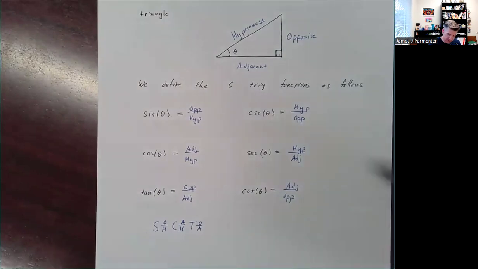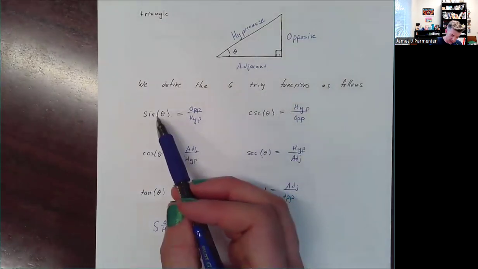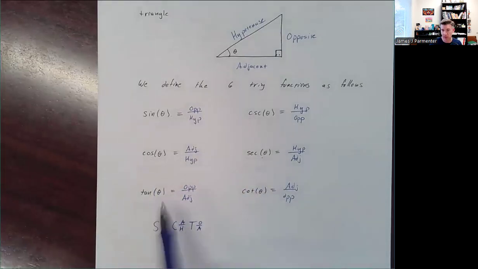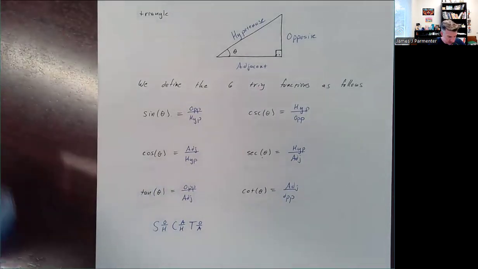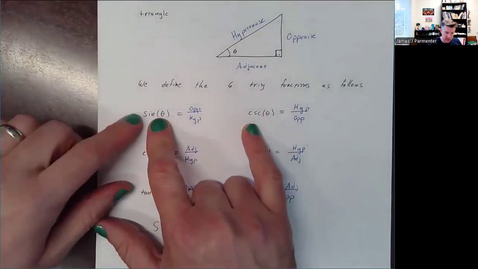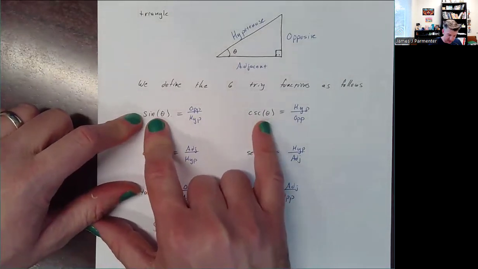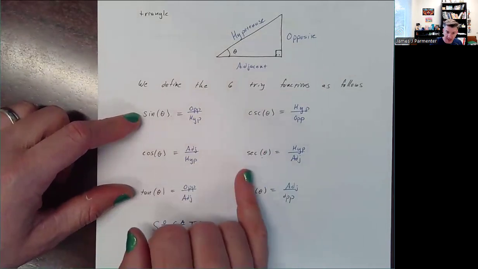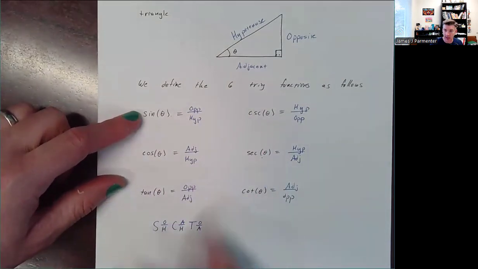And then these 3 are the reciprocals of the ones they're next to. So cosecant is the reciprocal of sine. Secant is the reciprocal of cosine. Cotangent is the reciprocal of tangent. The way I kind of remember it is each reciprocal pair has one regular and one co-function. So we have sine and cosecant, cosine and secant, tangent and cotangent.